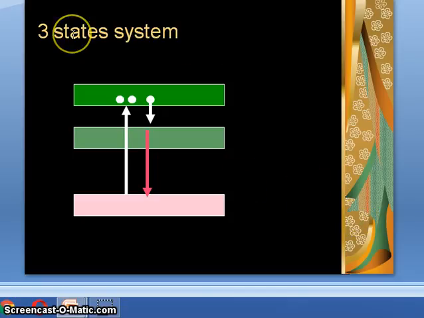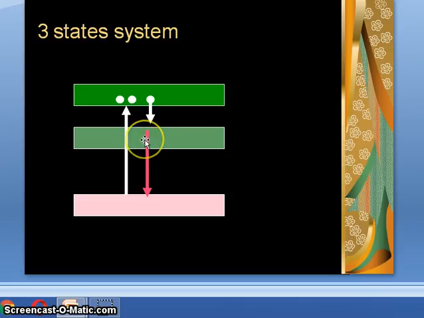This is the three-level system. First is the ground state, second is the metastable state, and last is the excited state. Generally, atoms or electrons are in the ground state. By the absorption process, these atoms or electrons go to the uppermost level, the excited state, then go to the metastable state through non-radiative transition.